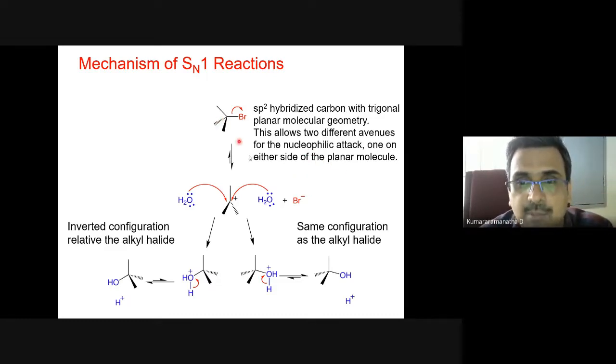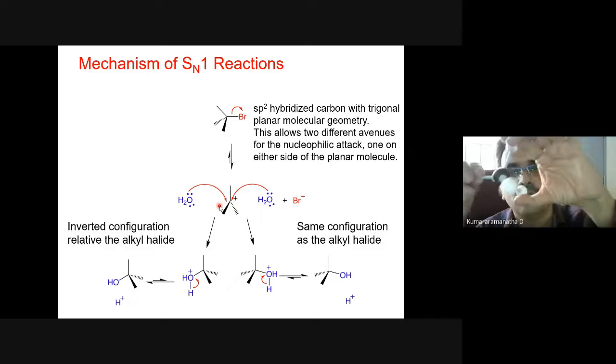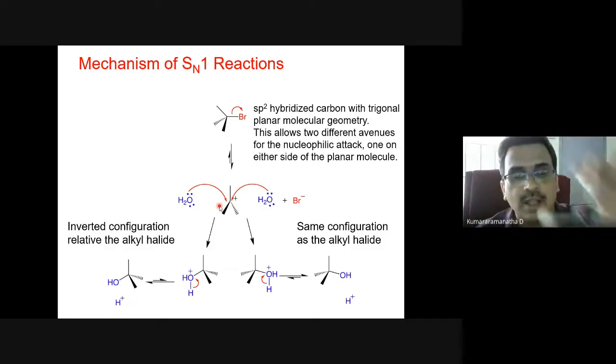The nucleophile can come and attack in different ways after the carbocation is formed. So bromine will leave, and you get the carbocation. Water can react through this side or the other side. These are the two groups I'm talking about. So water can attack from here or from here.